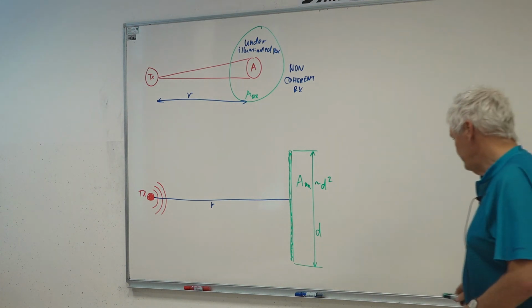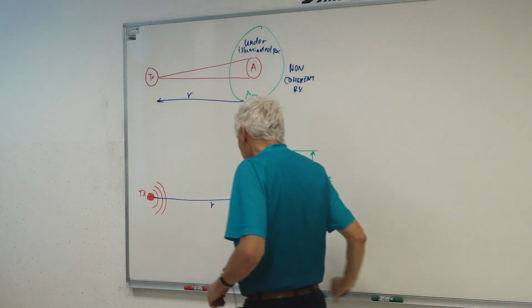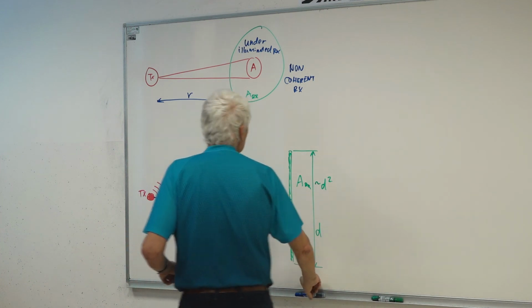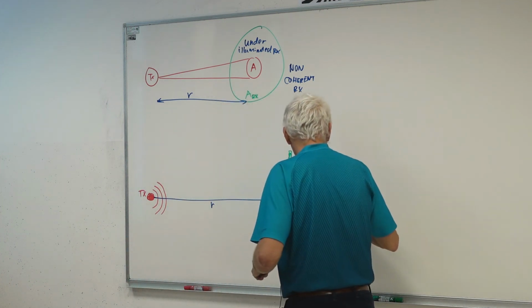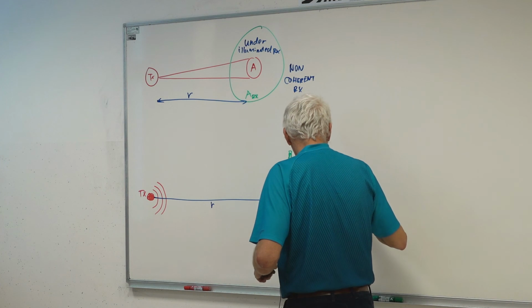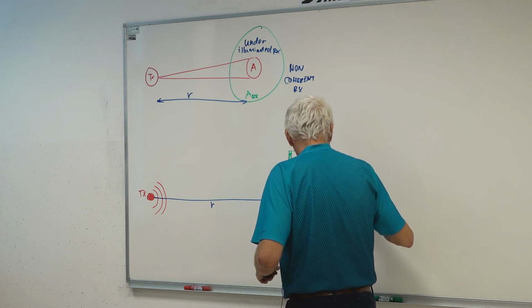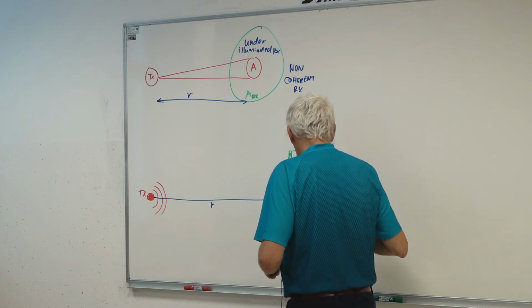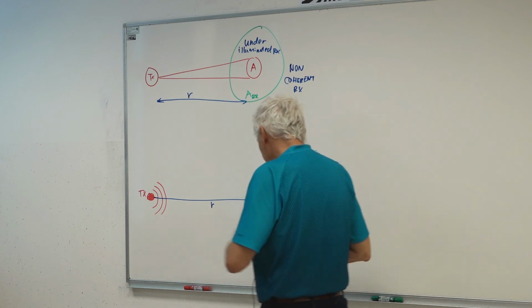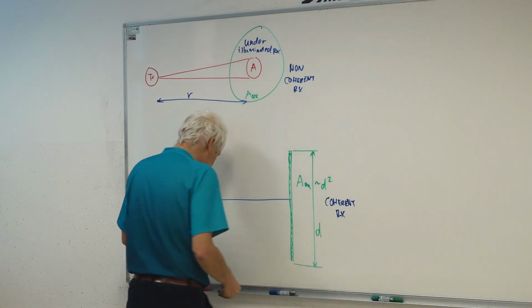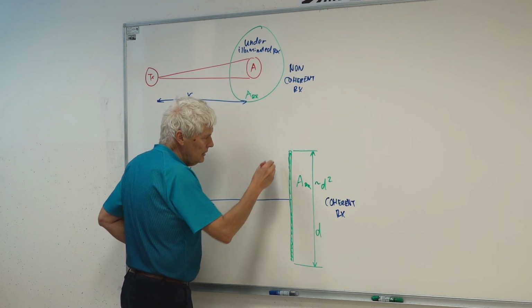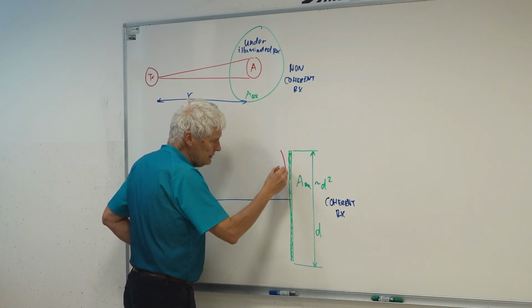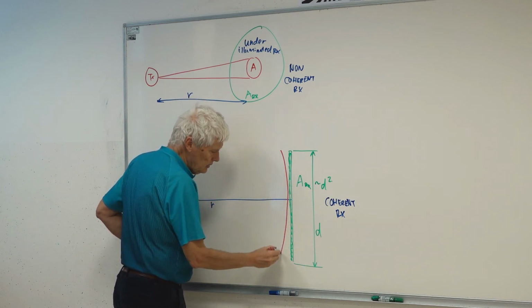What happens now? Now the problem is if this is a coherent receiver. This coherent receiver is sensitive to the phase of the impinging radiation. So here we actually get spherical waves to the receiver.